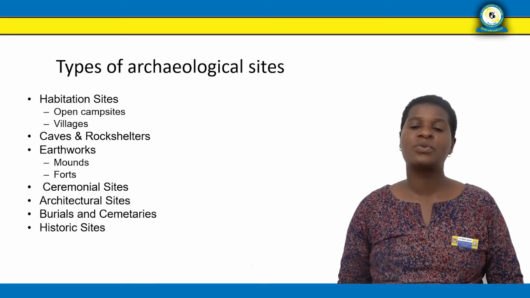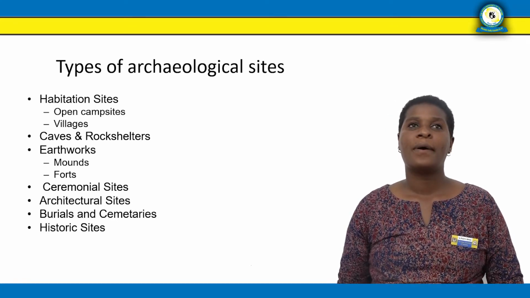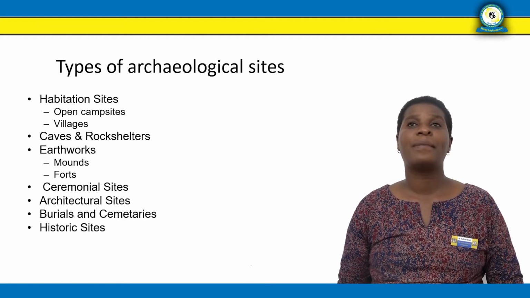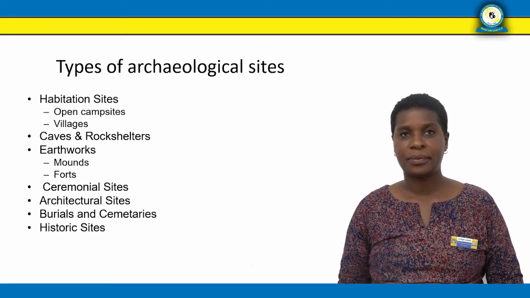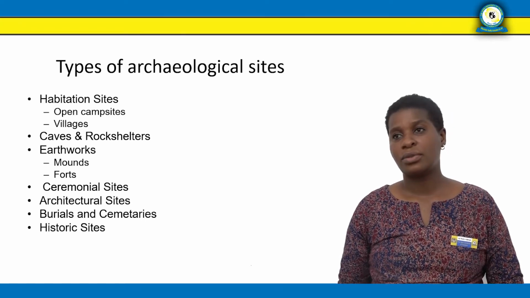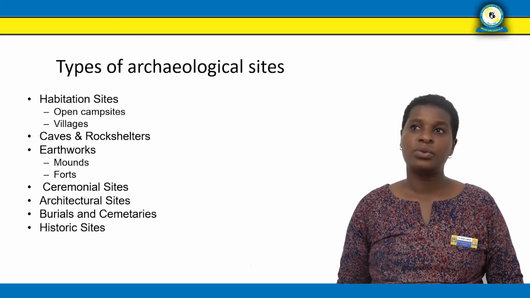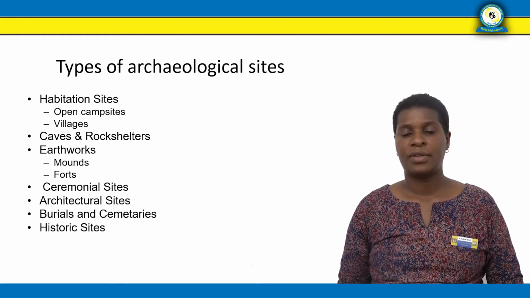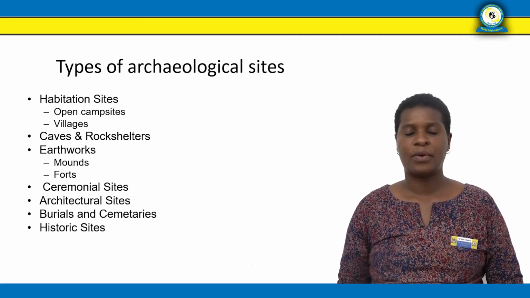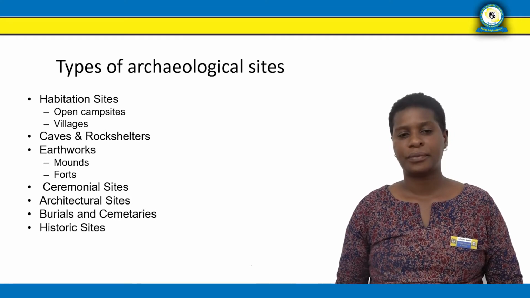So these are places where people used to live, or the places where people used to meet for several reasons, or to do several activities. Those are the habitation sites or open campsites.